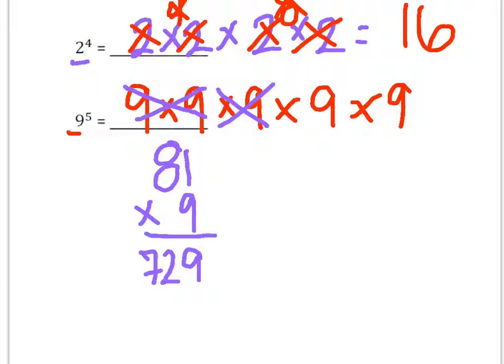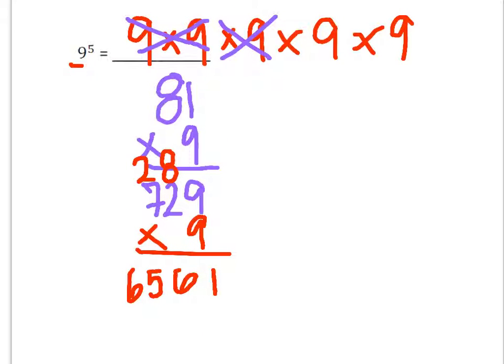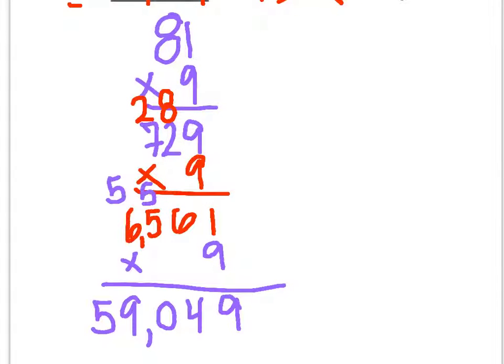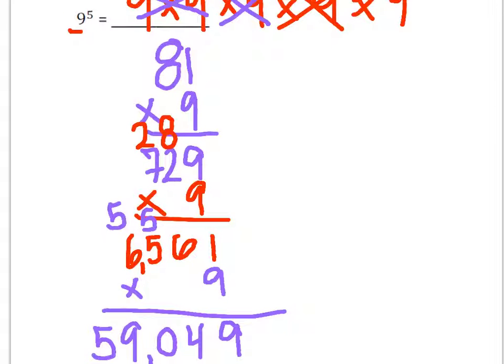You then take 729 and multiply it by 9, and you get 6,561. Cross off that 9 and move to the last one. And you multiply 6,561 by 9, and your final answer would be 59,049. So 9 to the 5th power actually equals 59,049.